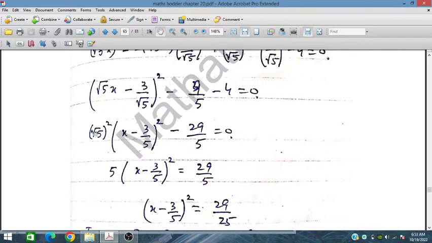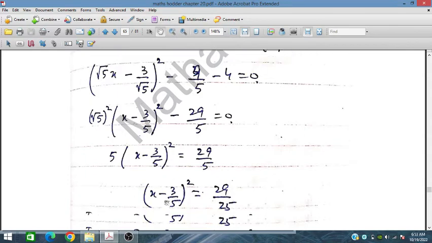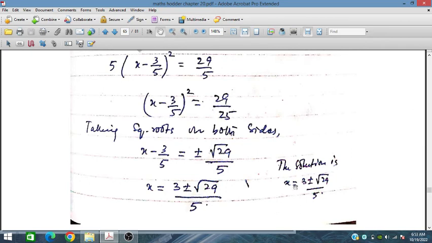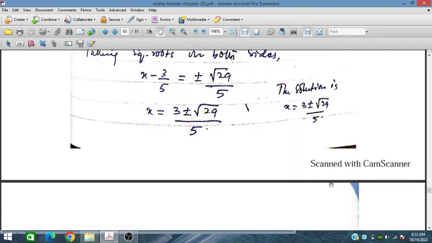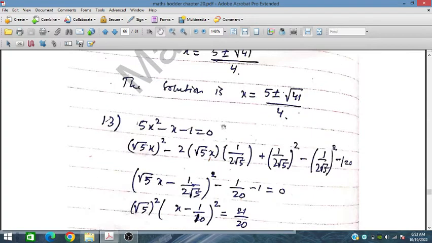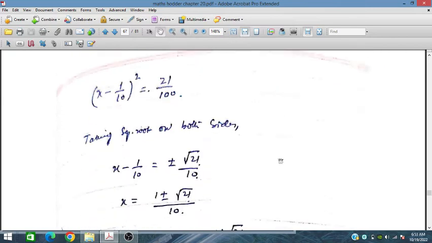This 5 square is 5, so this 5 will appear here at the bottom. We take out the square root and we get this. The solution is 3 upon 5 here. We take the LCM, so 3 plus minus under root 29 divided by 5 is the solution. We can solve these things in some easier way as well, so we'll see it later.